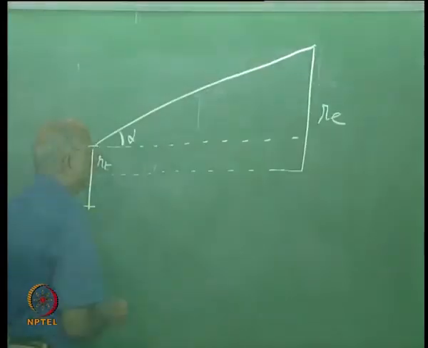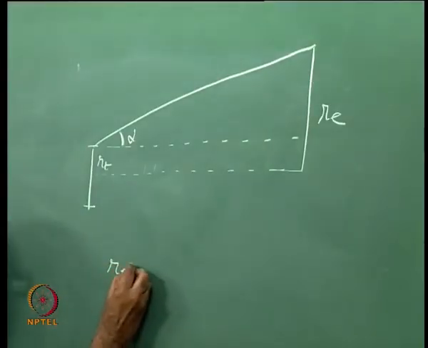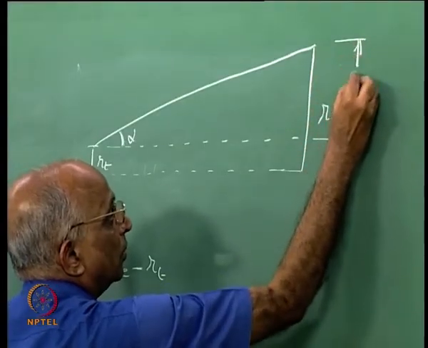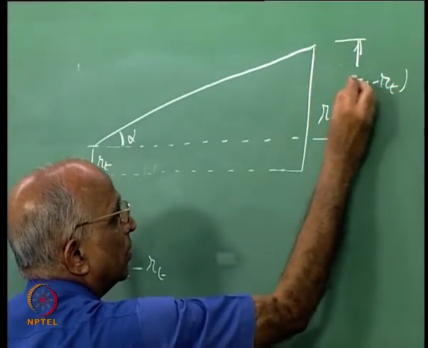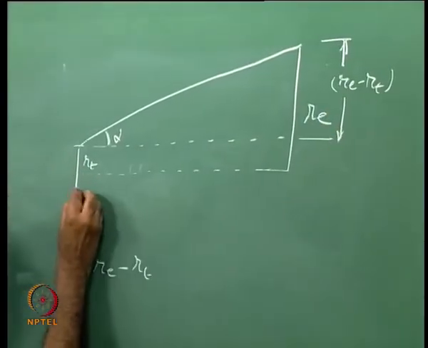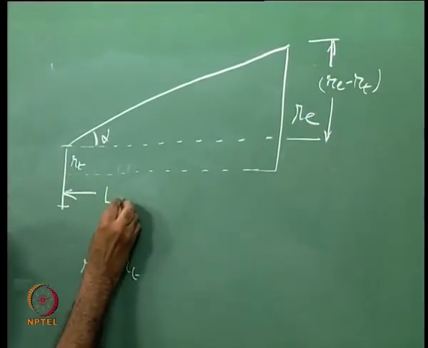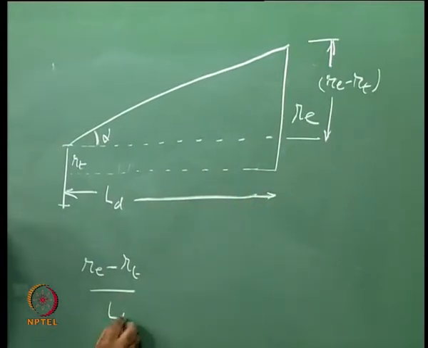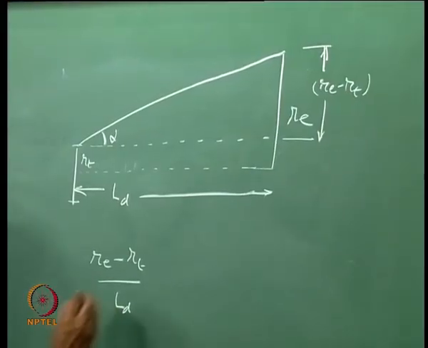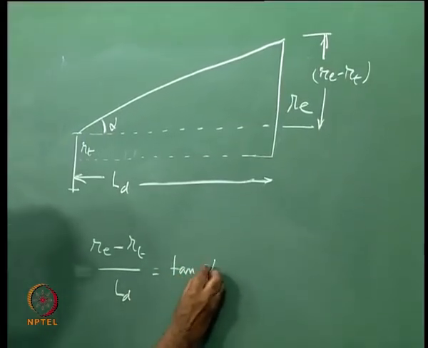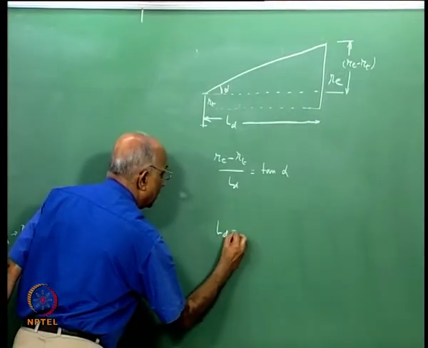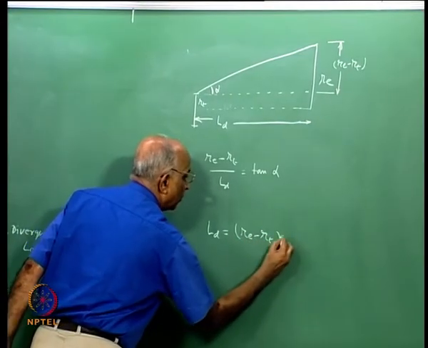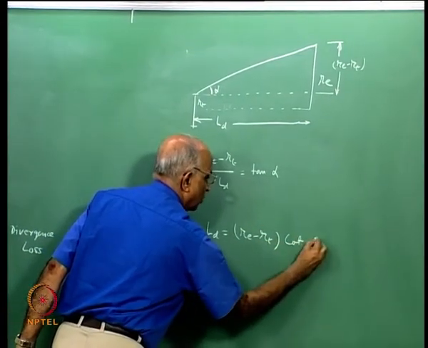In other words, the value of RE minus RT, which is this value, divided by the length of the divergent LD is equal to tangent of alpha, or the divergent length LD is equal to RE minus RT times cotangent of alpha.